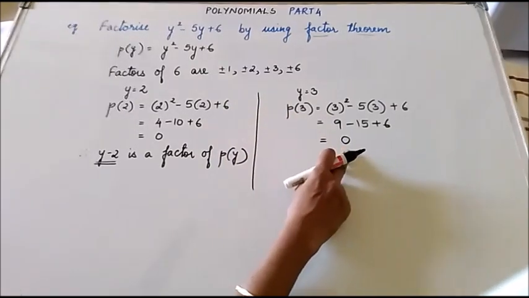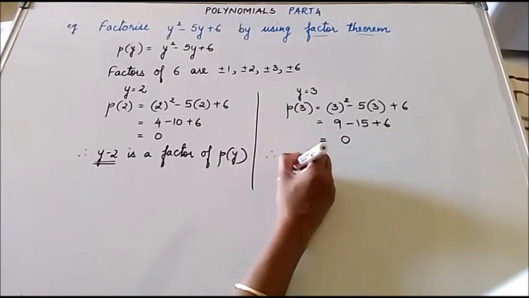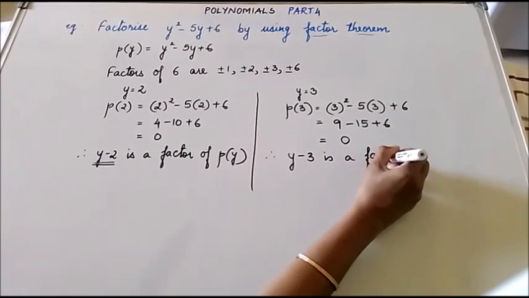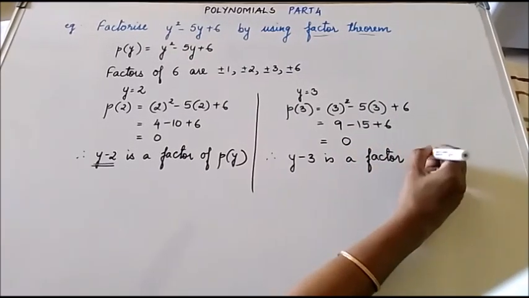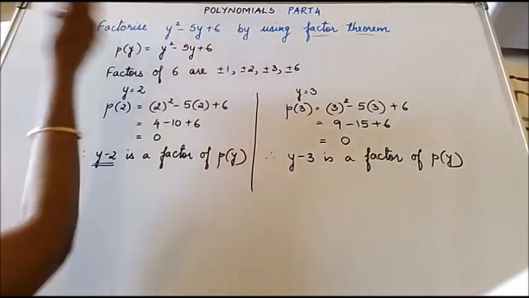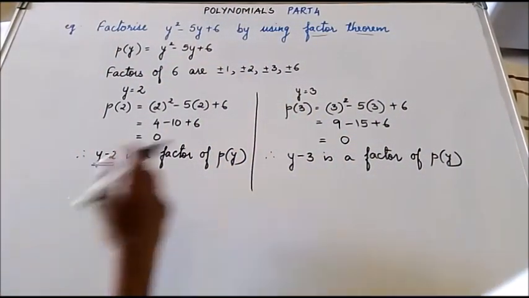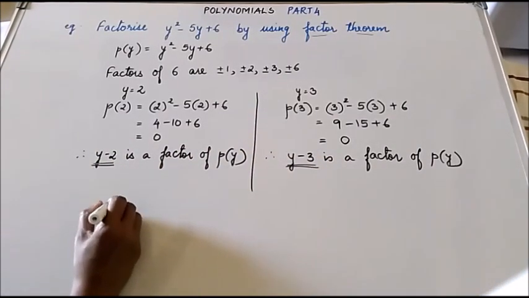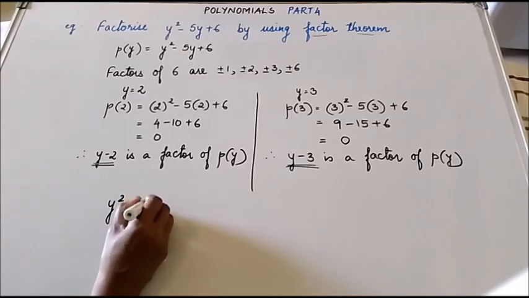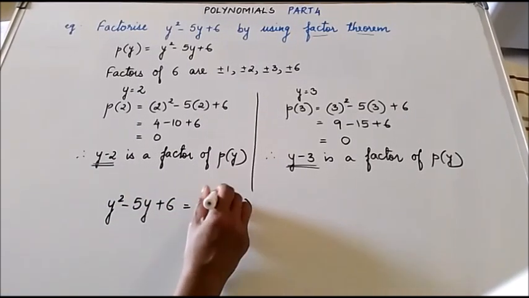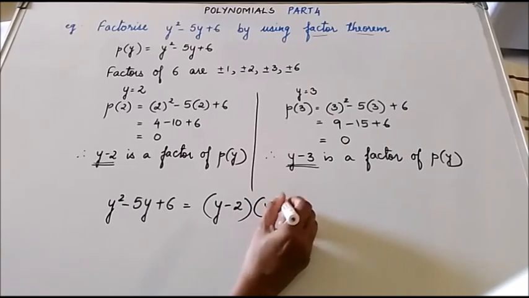Here we get the remainder equal to 0. Therefore, y minus 3 is a factor of p of y. Now as you know, quadratic polynomials cannot have more than 2 factors. So we have already got both the factors. Therefore we get y square minus 5y plus 6 is equal to y minus 2 into y minus 3.